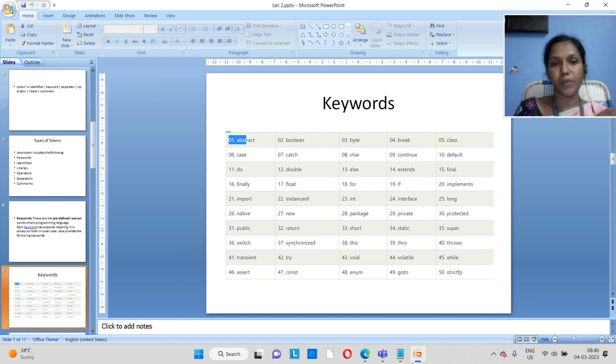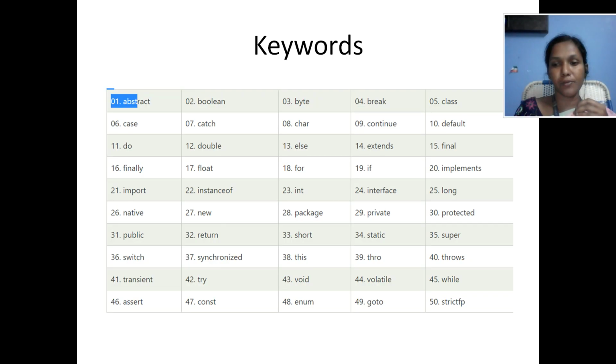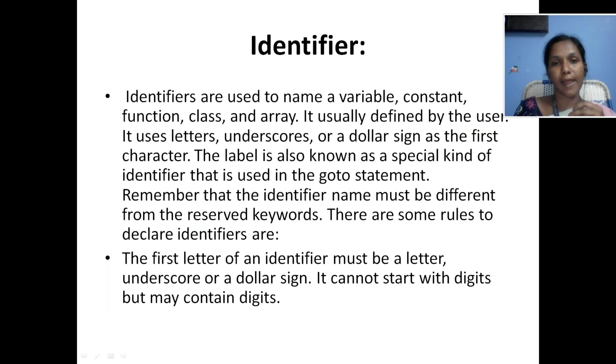Now we will move to the next type of token, which is an identifier. So what is an identifier? Identifiers are used to give names to variables, constants, functions, classes, and arrays. For all these things we need to declare some names, and those are identifiers.